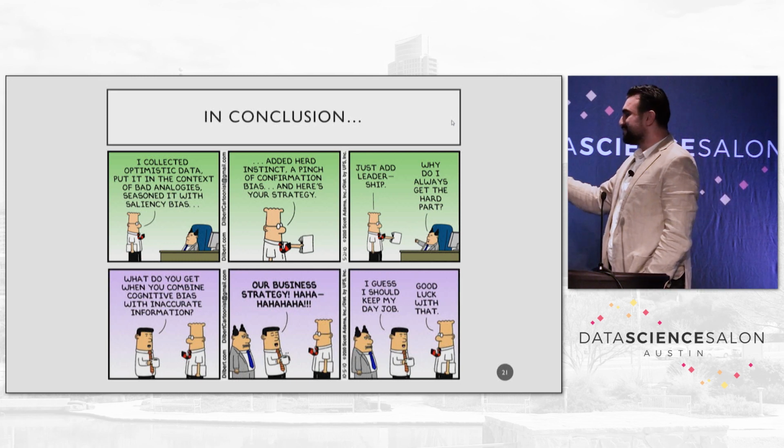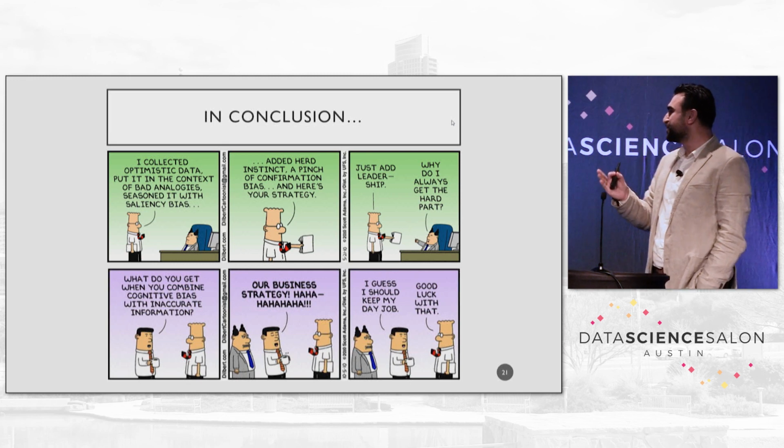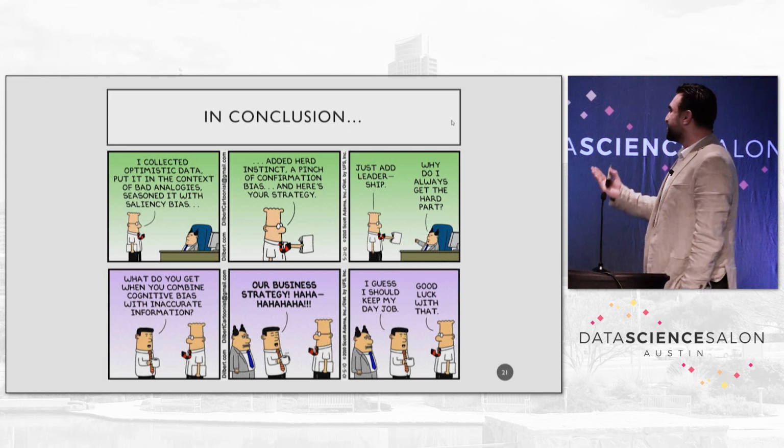So, I really like the second one. What do you get when you combine cognitive bias with inaccurate information? So the truth is, the business strategy.